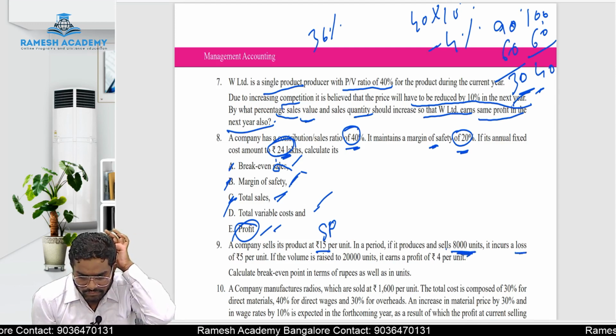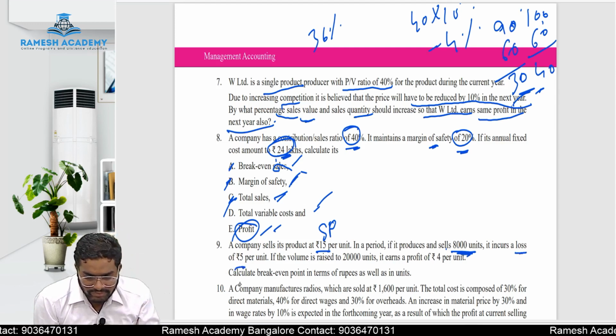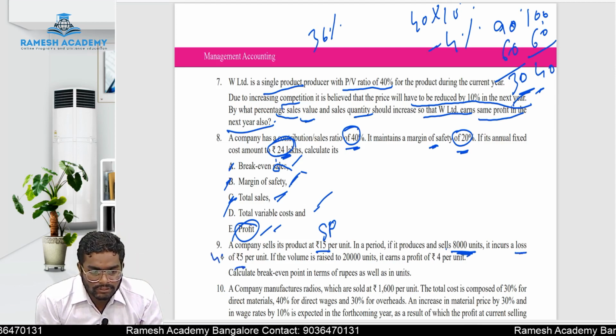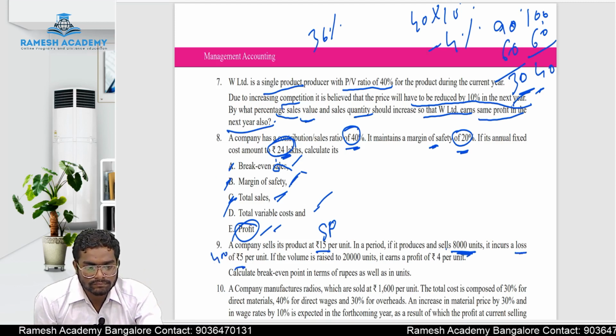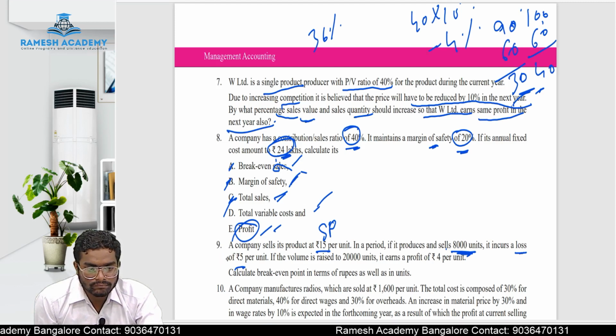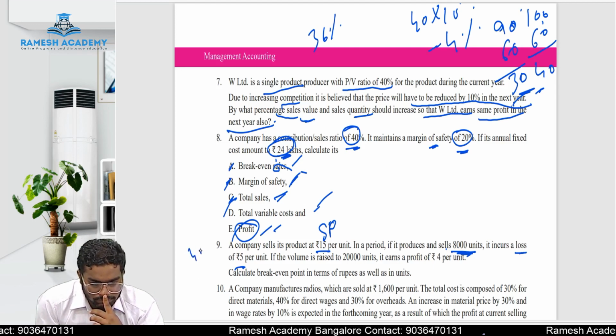It incurs a loss of 5 per unit, which means 5 into 8,000 is 40,000 loss.